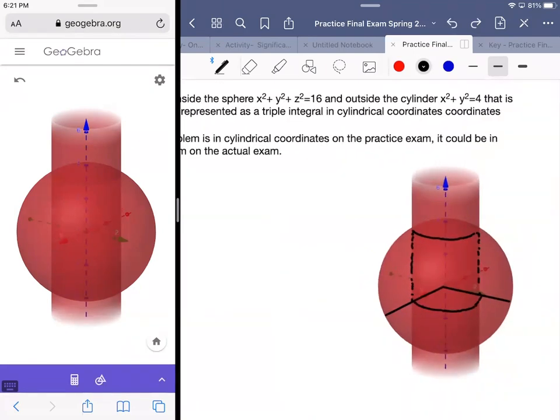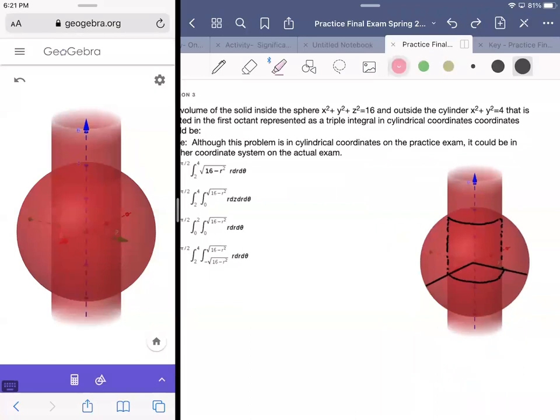So what I would want is a few pieces of information. If I'm doing this with cylindrical coordinates, I need to know the height, because it's r, theta, z that make up the cylindrical coordinates, but I need my bounds. I need my bounds in the xy plane. And I have two equations that I'm working off of here: the sphere and the cylinder.